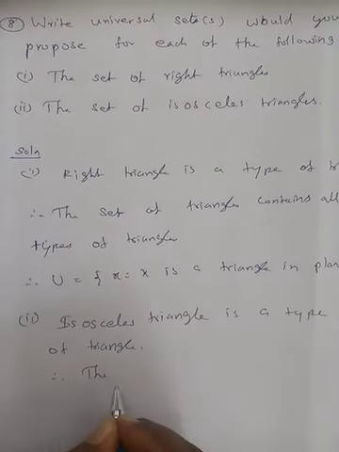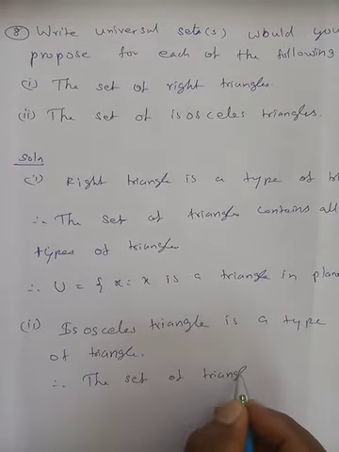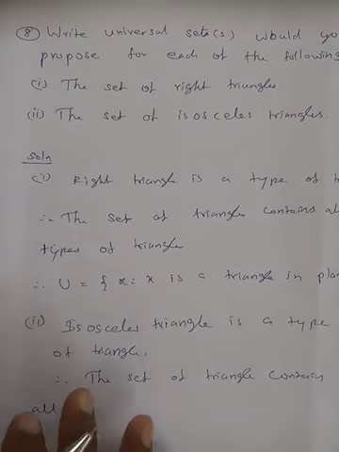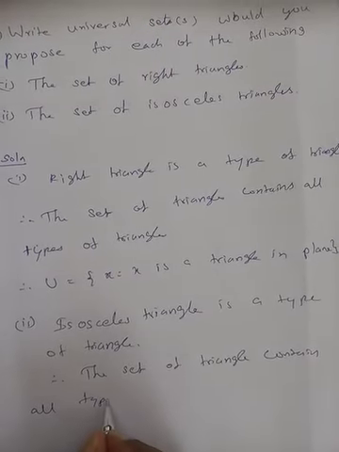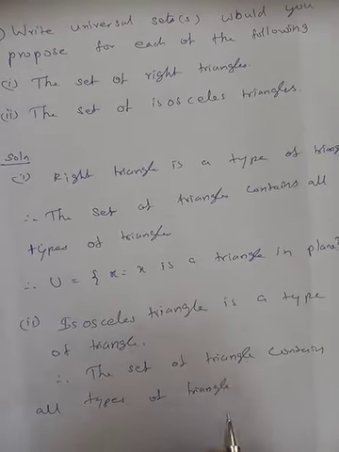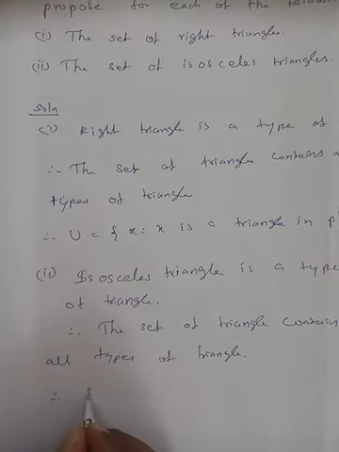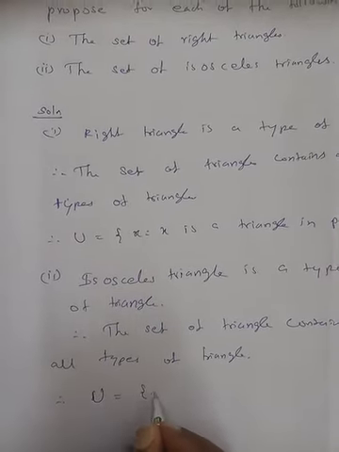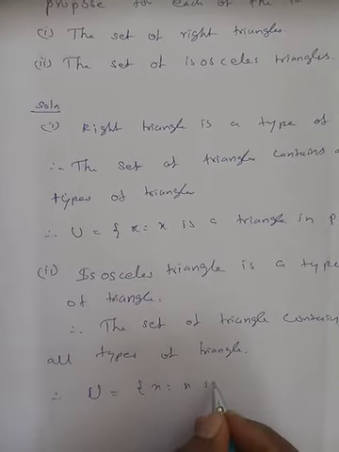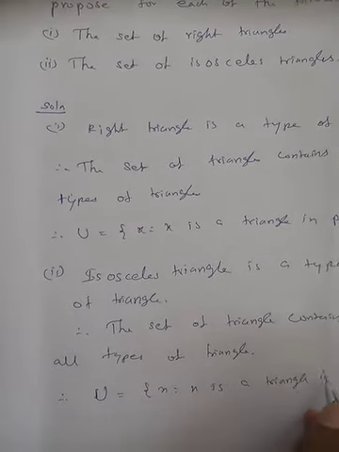Therefore, the set of triangles contains all types of triangles. Therefore, the required universal set U equals the set of all x such that x is a triangle in a plane.